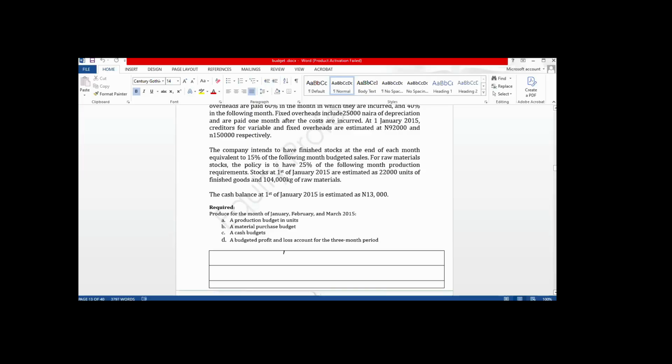Please note, there is a difference between your raw material and your finished goods. For example, in a bakery, flour is raw material. Bread is the finished product.